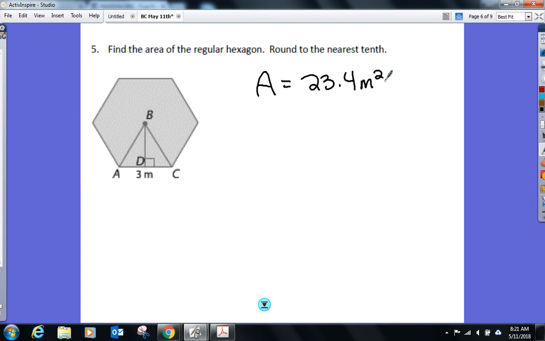Three is the entire length of AC, if you're wondering. If you guys want to use 1/2 AP, that's fine. If you want to make 6 triangles and find the area and multiply by 6, that's fine too.